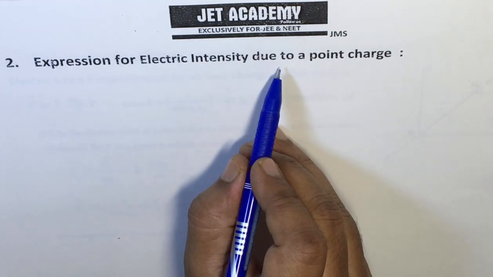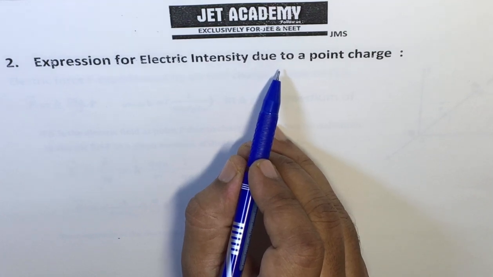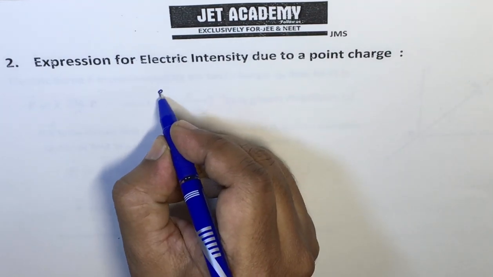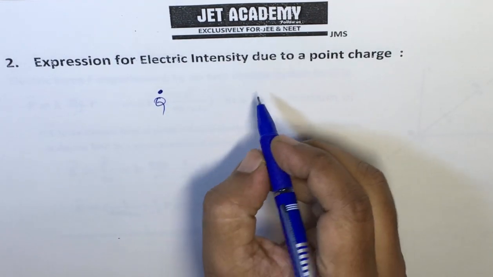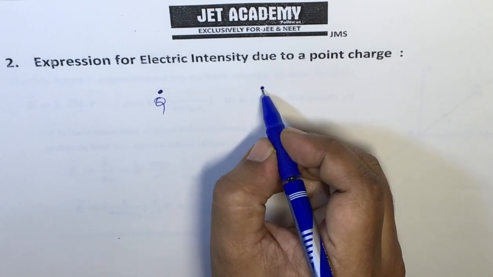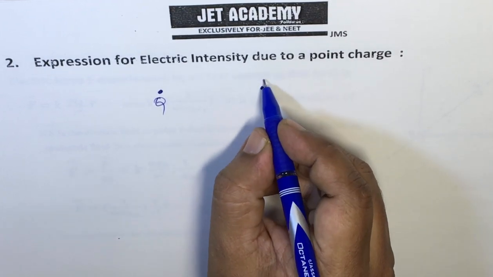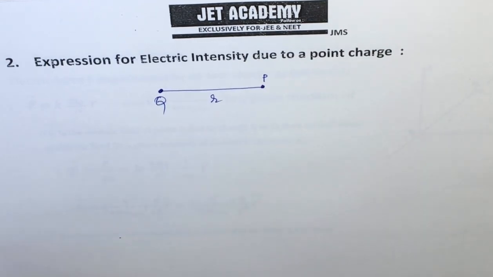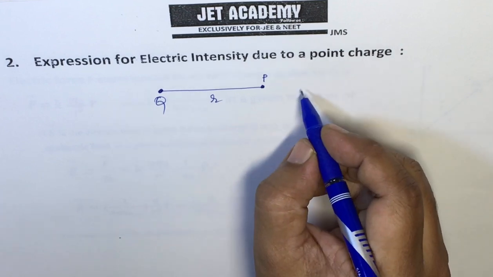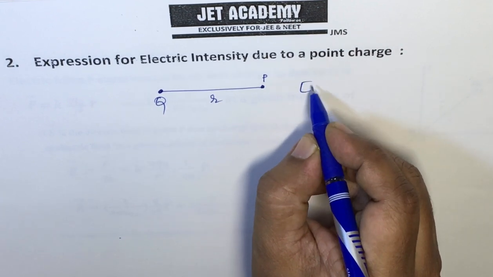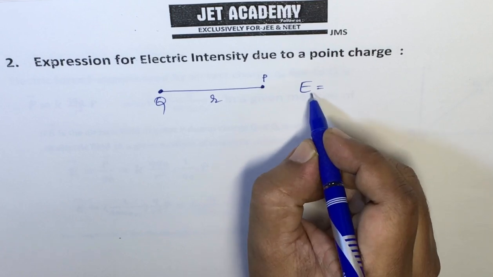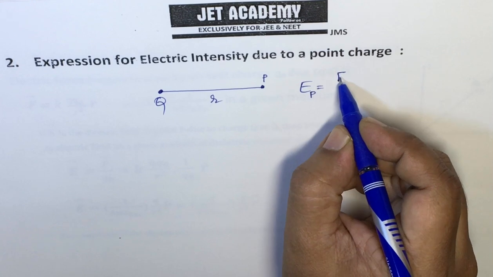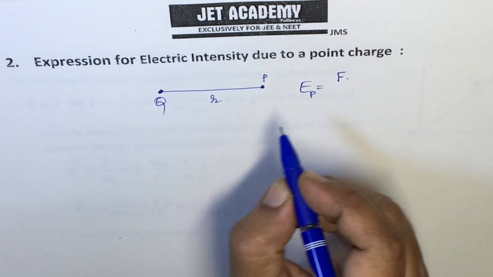Here we derived the generalized equation, that is, the Coulombic force. What is the electric intensity at a point due to a charge? If a charge Q is there and I want to find the electric intensity at the point P, which is at a distance R, the electric intensity at P is, as we understood earlier, the Coulombic force experienced by a test charge.